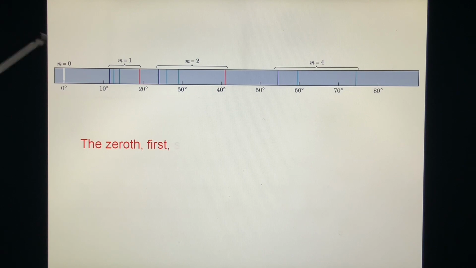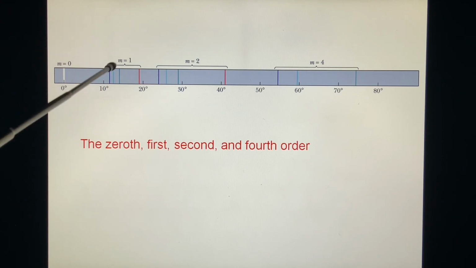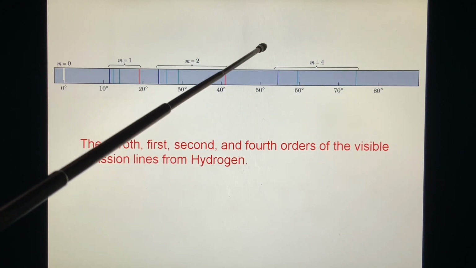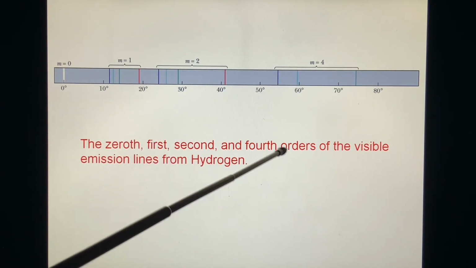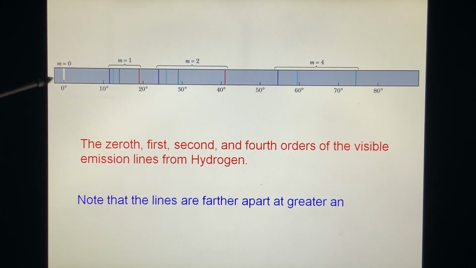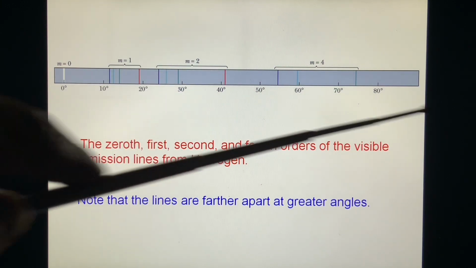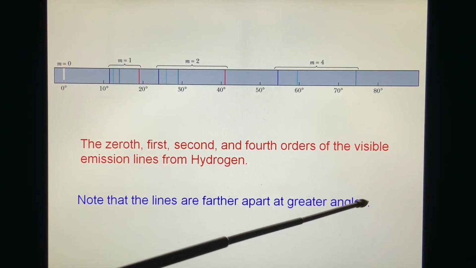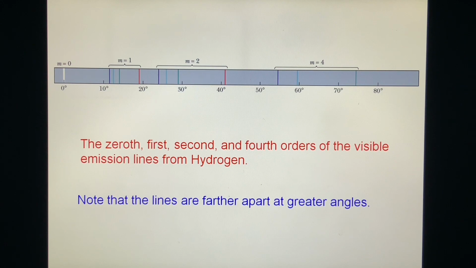This is the visible emission of light from hydrogen. Notice that the lines are farther apart at greater angle, larger m.